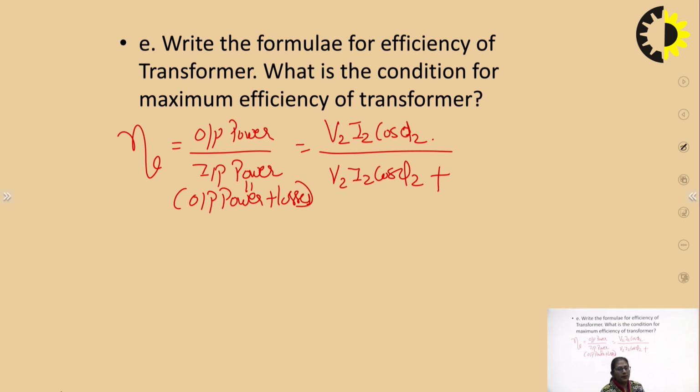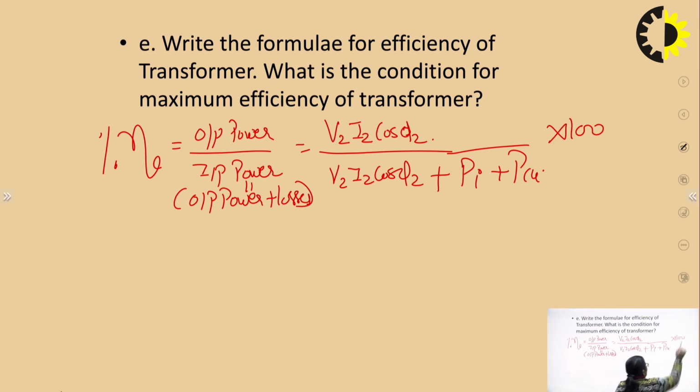The two basic losses in the transformer are the iron loss and the copper loss, of which the iron losses are constant losses and the copper losses are variable losses. So the percentage efficiency is given by V2 I2 cos φ2 divided by V2 I2 cos φ2 plus Pi plus Pcu, into 100. That is a very general efficiency expression.